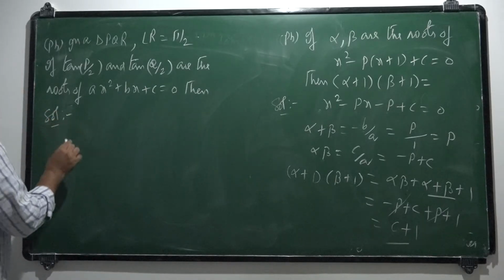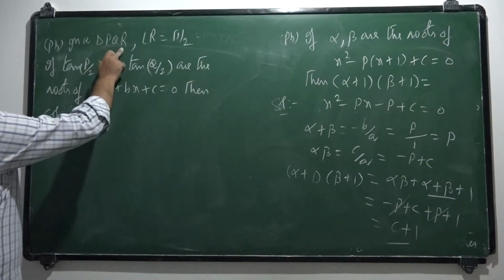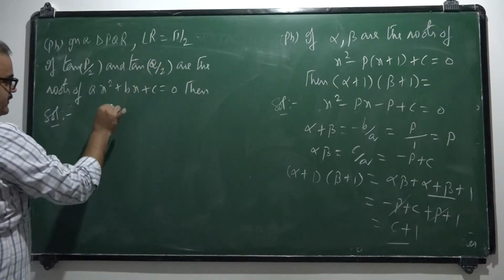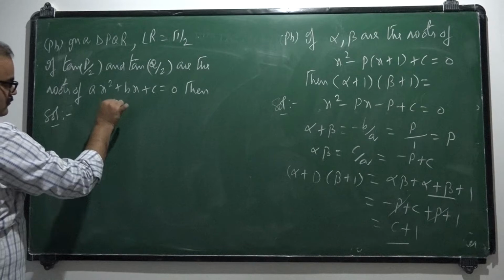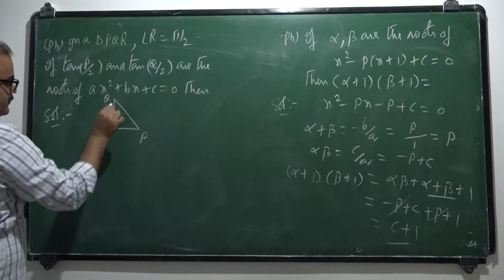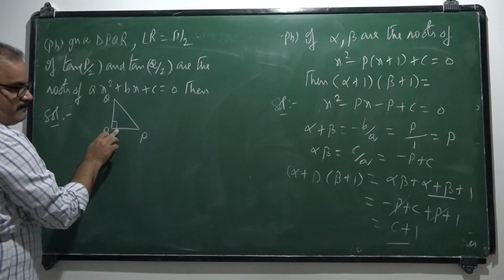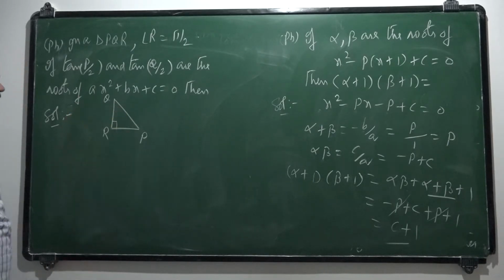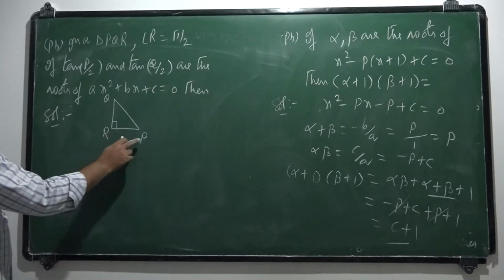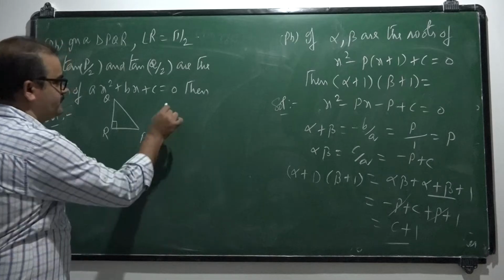Solution here. What is the given triangle PQR? Angle R is pi by 2. Here the angle at R is pi by 2, so it is a right angle triangle. We know sum of the angles in any triangle is 180.